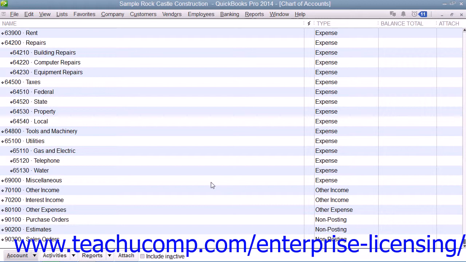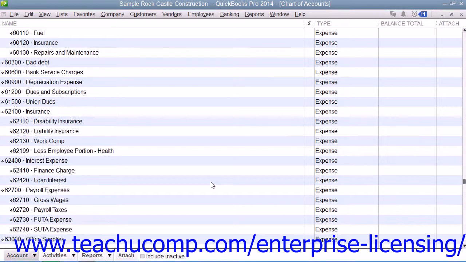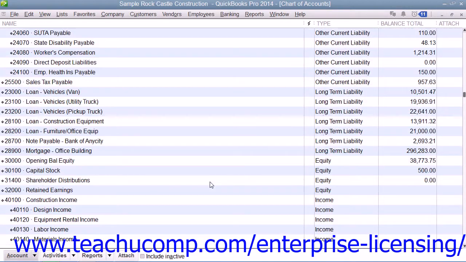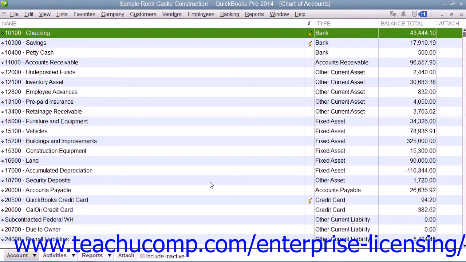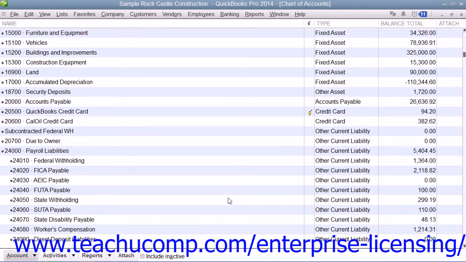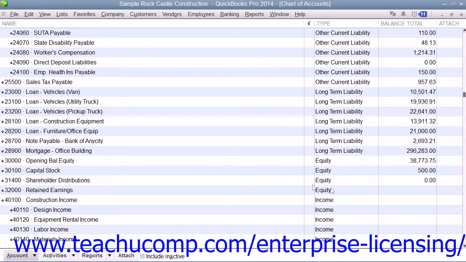Let's review the different account types within the chart of accounts. As mentioned before, at the top of the chart of accounts window, you'll see the balance sheet accounts, which appear on the balance sheet for your company file. These accounts show what you own, your assets, what you owe, your liabilities, and the difference, which would be your equity.